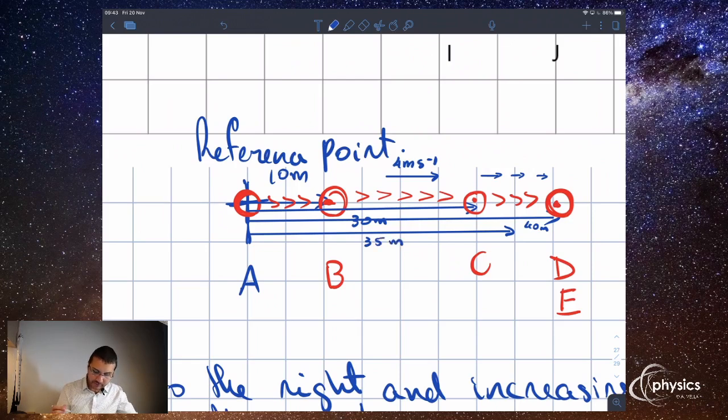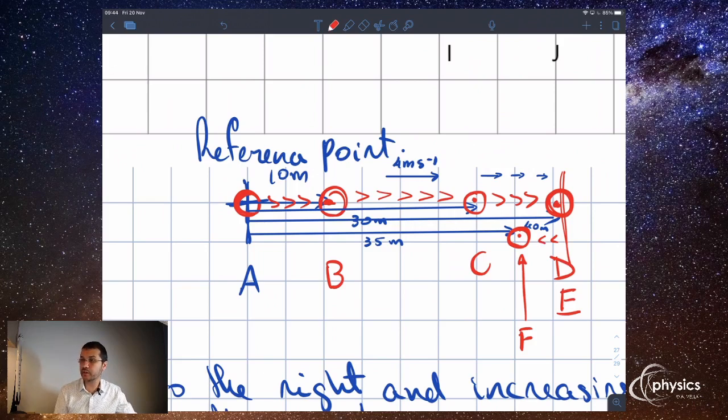So, between E and F, now the object is at this position. Now the object is at that position. So what happened now? So at D and E, it was at 40 meters. It was at this position. But now at F, alright, at F, the object is at 35 meters to the right of the reference point. So between E and F, the object now moved to the left.